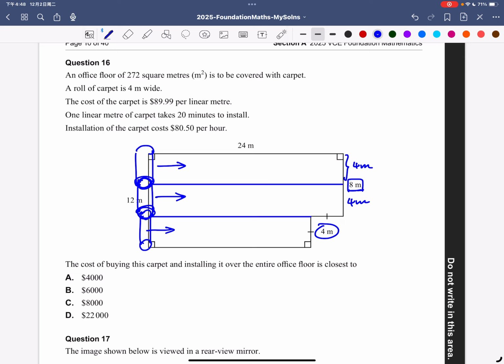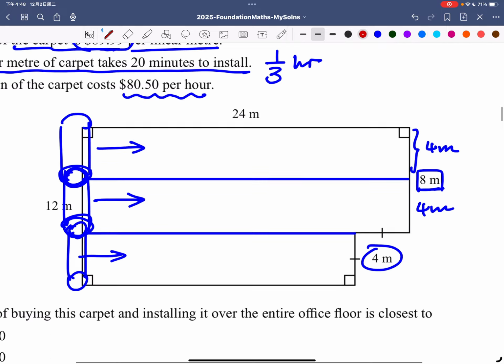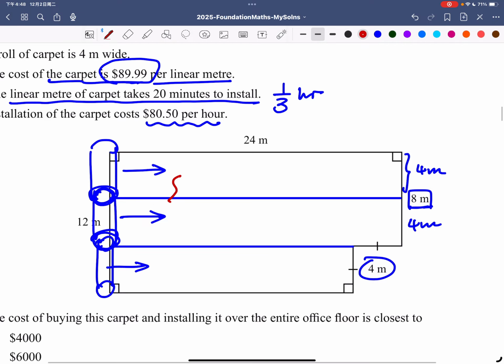The cost of the carpet itself is $89.99 per linear meter. 1 linear meter of carpet takes 20 minutes to install. That is 1/3 hour. And each hour costs $80.50. Therefore, I can calculate the cost for these two.